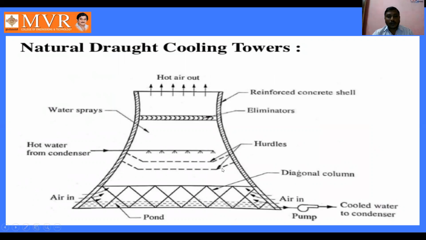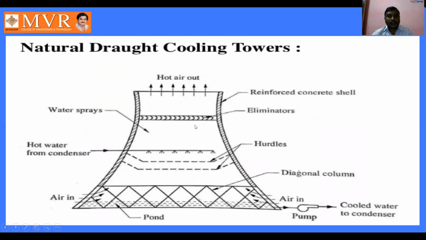The air entering the cooling tower from the atmosphere takes away the heat. The heat is exchanged from the cooling water to the air. When the air enters the cooling tower, it takes the heat from the water coming down, and it evaporates to the atmosphere.